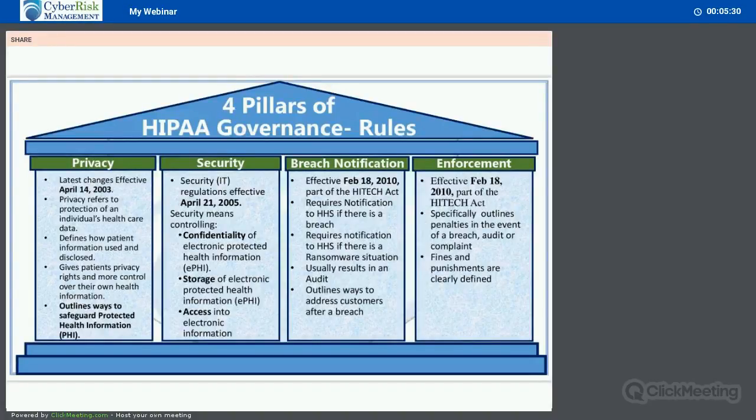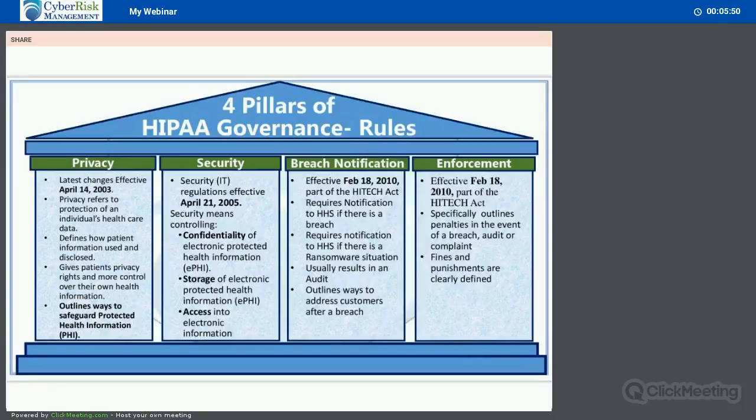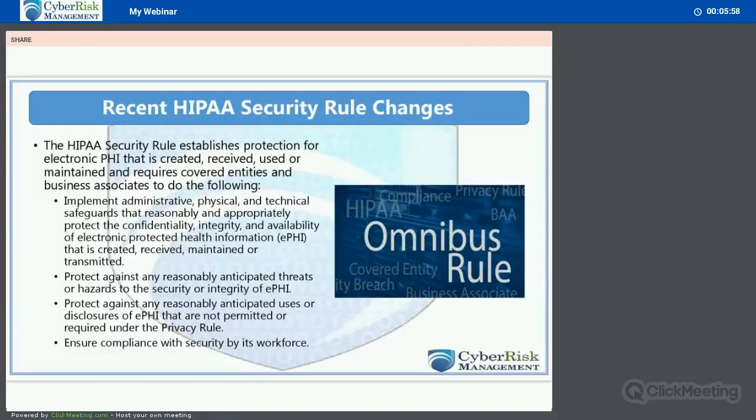And the enforcement rule, similarly, is very prescriptive in what needs to happen after a breach occurs. But if you don't have the last three, the new pieces, security, breach notification, and enforcement rule in place, then your security crumbles. I want to make sure that your organization is not in a position where your security system is going to crumble.